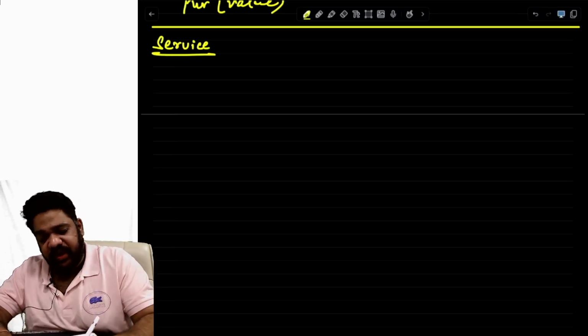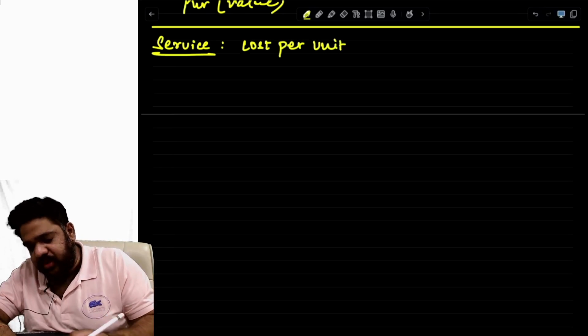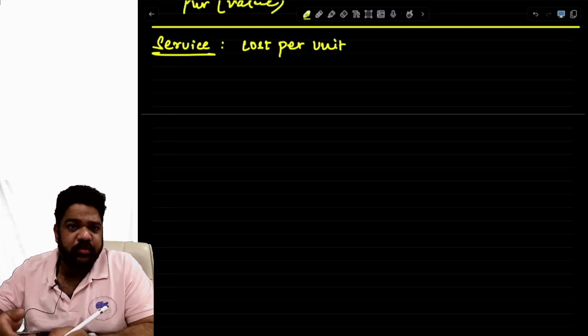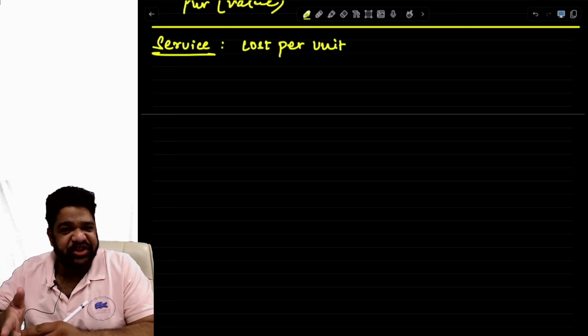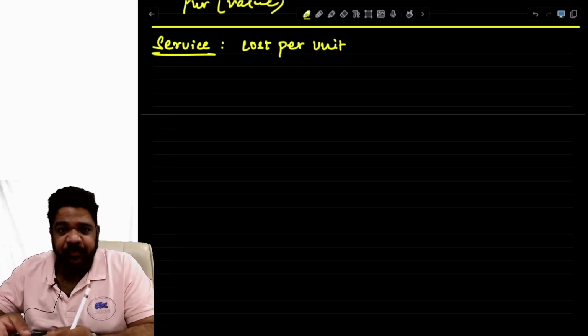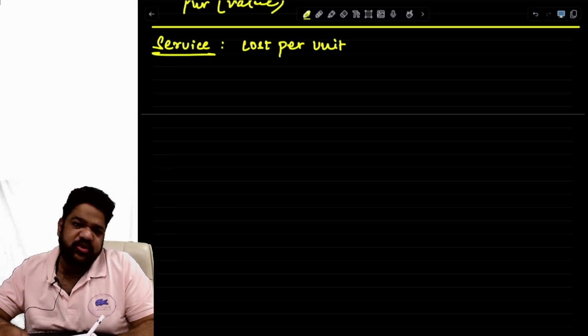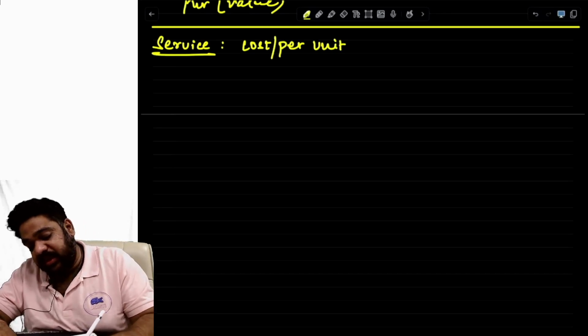So, broadly, what we are trying to find is cost per unit. Now, this unit could be passenger kilometers, ton kilometers, room days, room nights, patient days, something like that. Depending on the question, it could be any unit. And this could also be fare instead of cost.